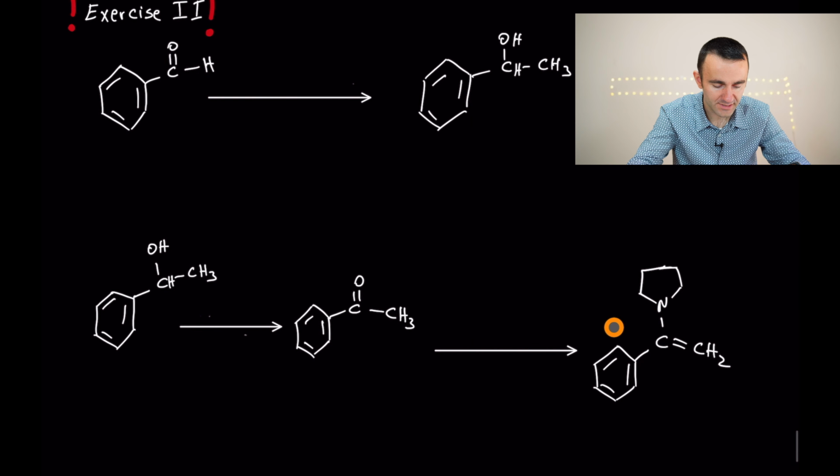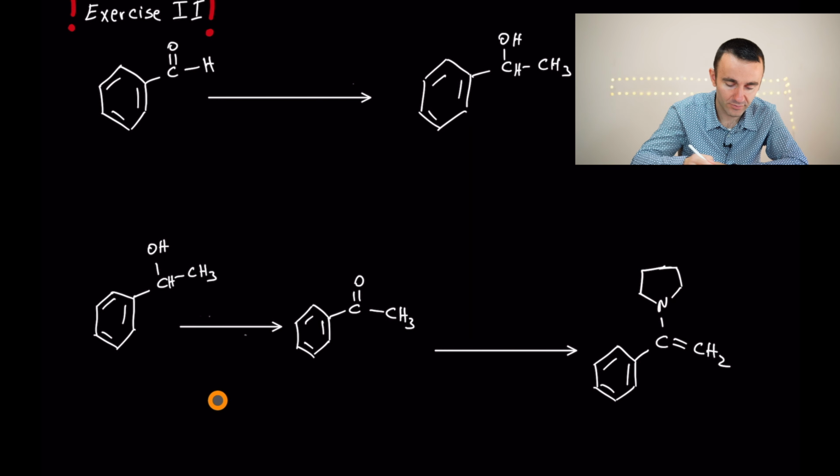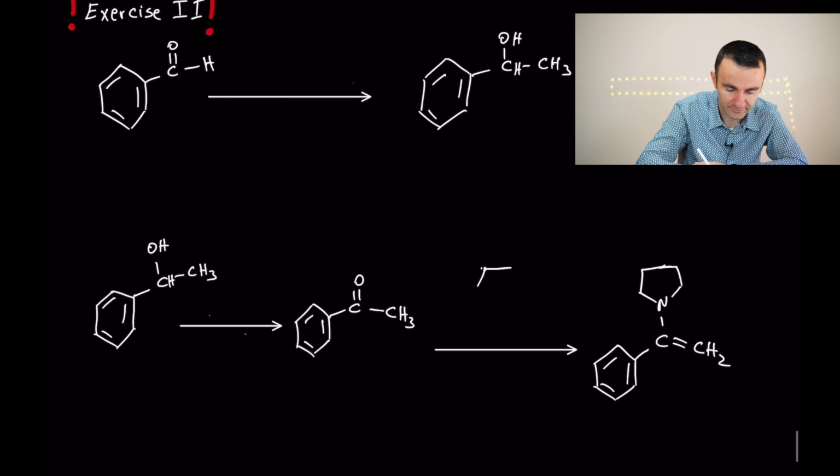Now, from this compound to go here, let's go in reverse again. This is what? An enamine, right? As we learned. And this ketone, to form an enamine, needs to react with a secondary amine. But this is a cycle, so this is already a secondary amine. What are we going to add here? A secondary amine, and with H3O+.